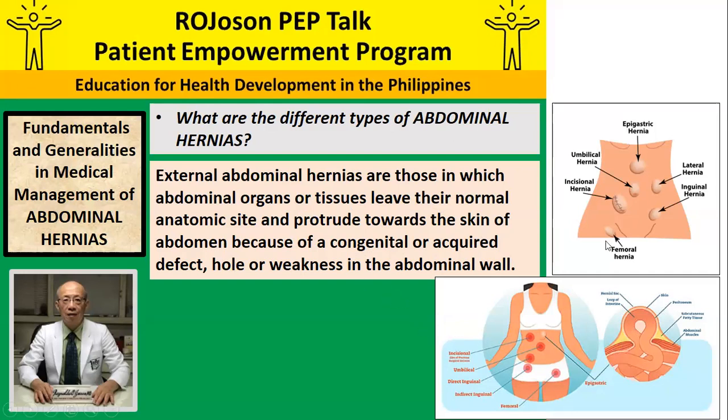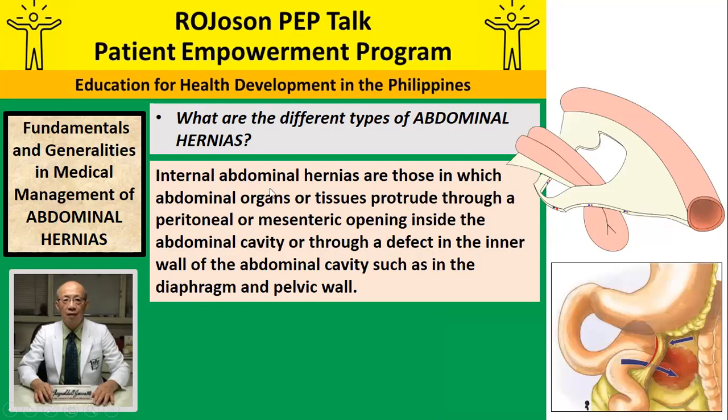So this picture shows external abdominal hernias. There are so many types of external abdominal hernias, but this one illustrates that there's a defect here, and then there's an organ, which is usually the small intestine, that protrudes through the opening, and then it can be easily seen through the abdominal wall or through the skin.